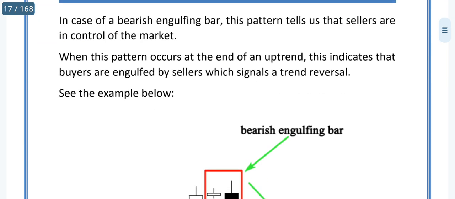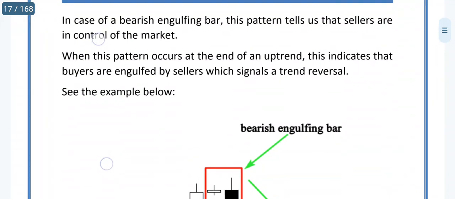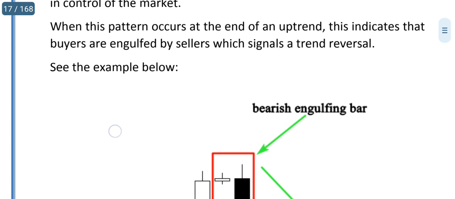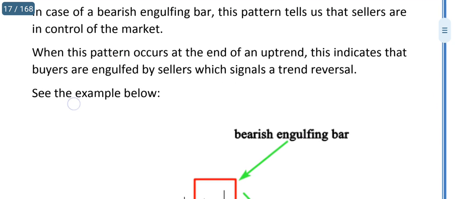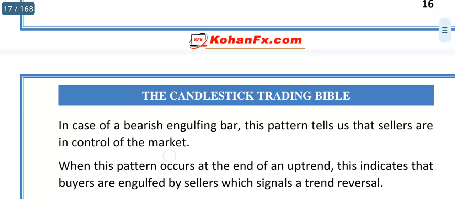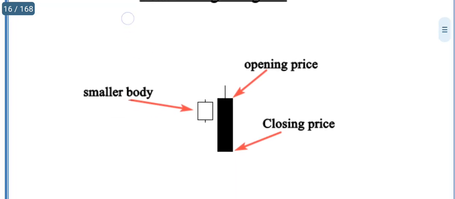In the case of a bearish amplifying bar, this pattern tells us that sellers are in control of the market.